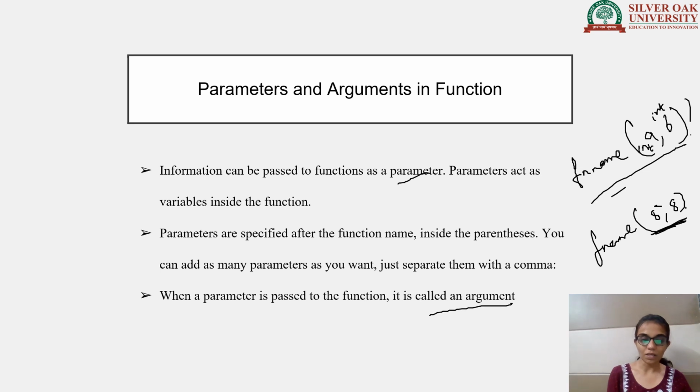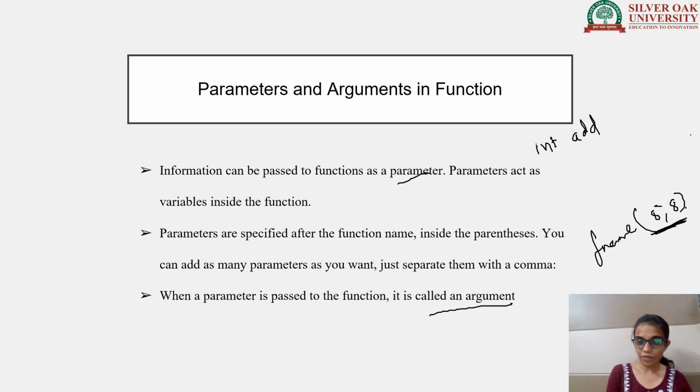You can see this thing. When a parameter is passed to a function, it is called an argument. If I want to make this clearer, suppose integer, and here I want to add, that is my function name.